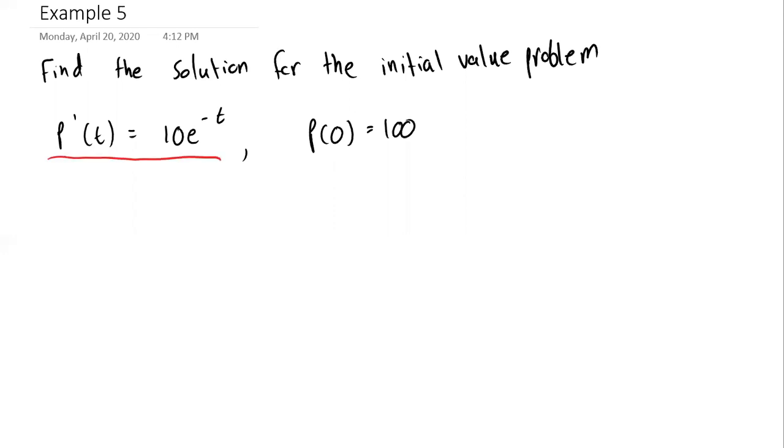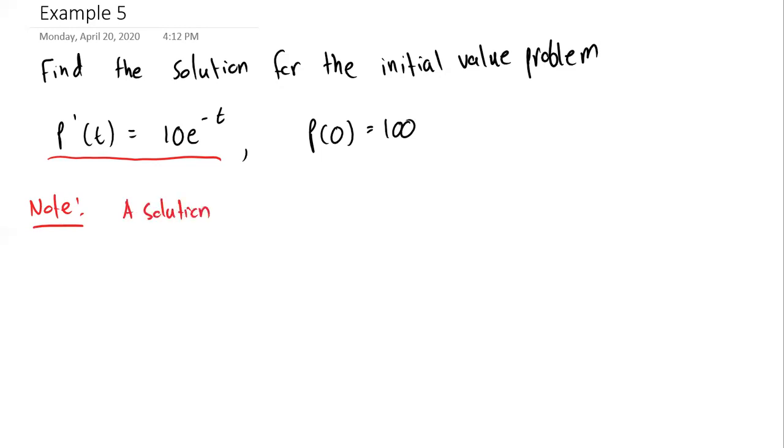Why is it called a differential equation? Because we have an equation involving a derivative of p. What's a solution to a differential equation? Well, the solution to a differential equation is a function that when you plug it in, you get equality, right?